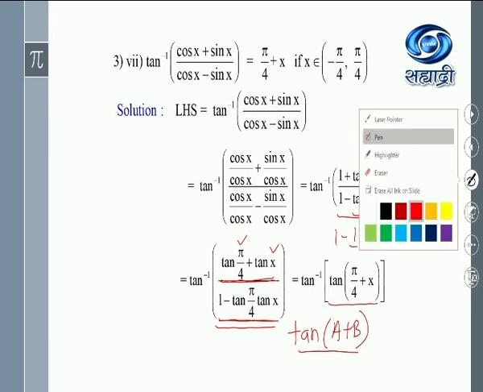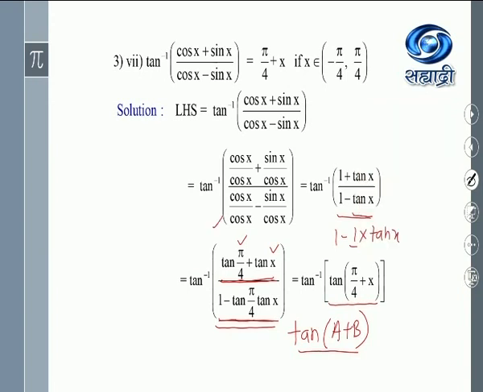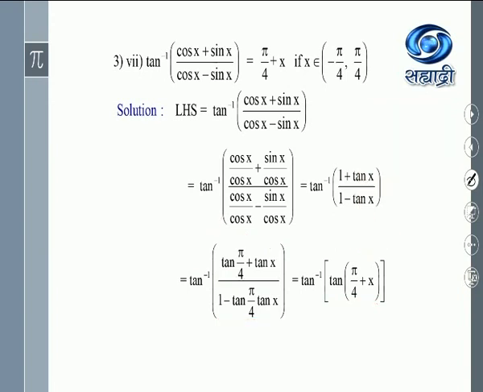Clear? So, to write down the standard form, we operated on this term as I told you. Now use the property. What is tan inverse of tan theta? It is theta. And theta is, in this case, pi by 4 plus x, which is nothing but the RHS you got.